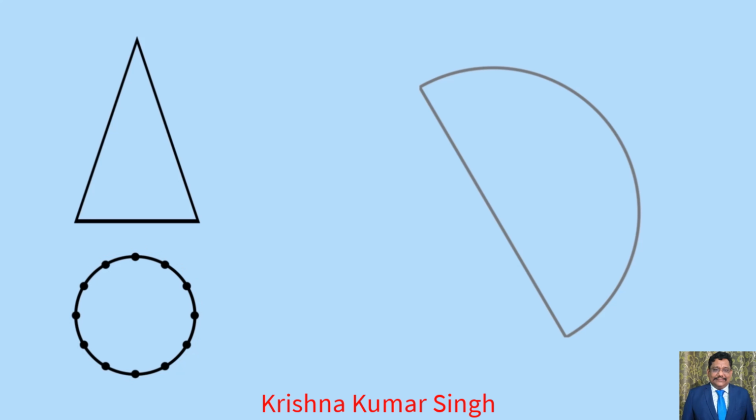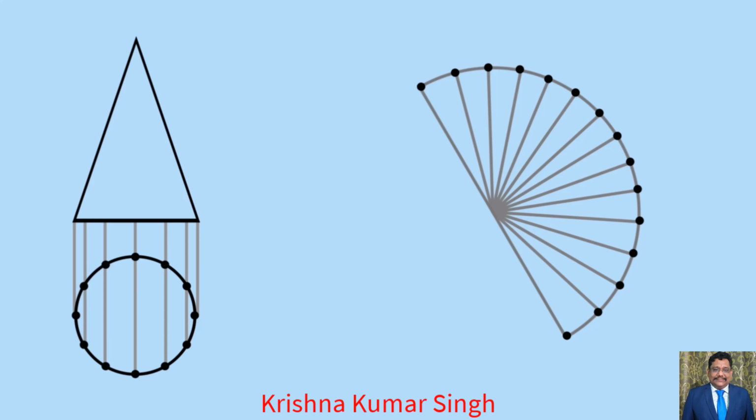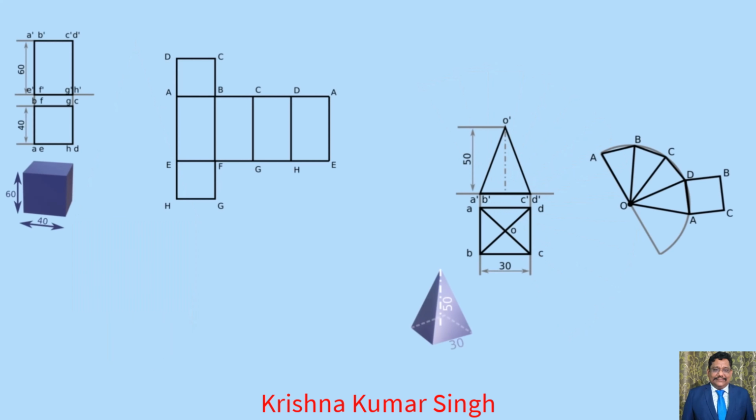For that, we can divide the base circle into 4, 6 or 12 equal parts and then we can shift its base onto the development by marking arcs measuring these parts. So a cone can be developed similarly to a pyramid. In this video, we have developed solids by parallel line and radial line methods.